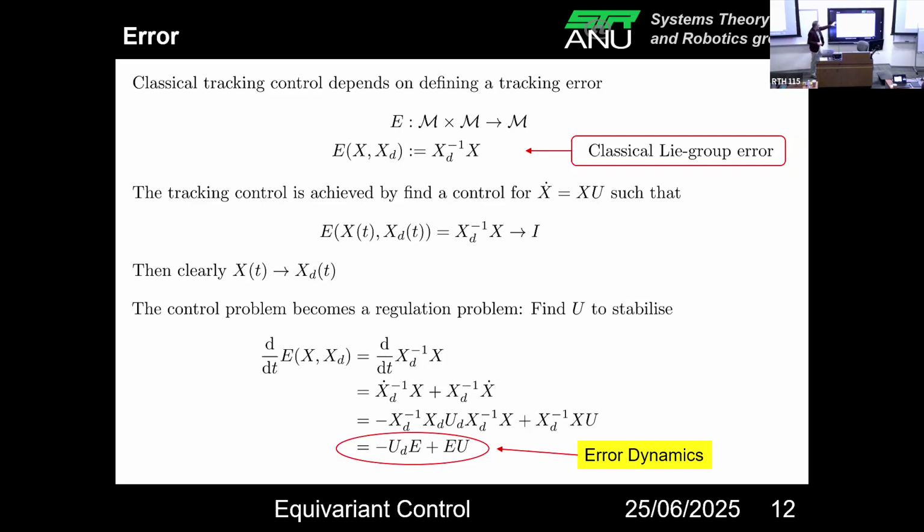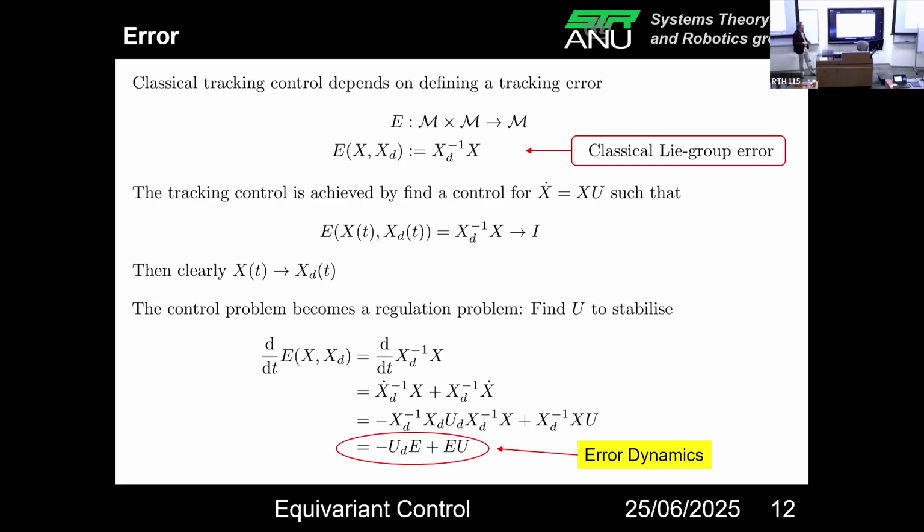So we construct an error, and this is a classical Lie group error, and in a couple of slides I'll talk about different errors. But this is the one that everyone would pick based on studying robotics in 4th year at a university. And then you do the formula, right? So you take your error, and the goal is to send the error to the identity.